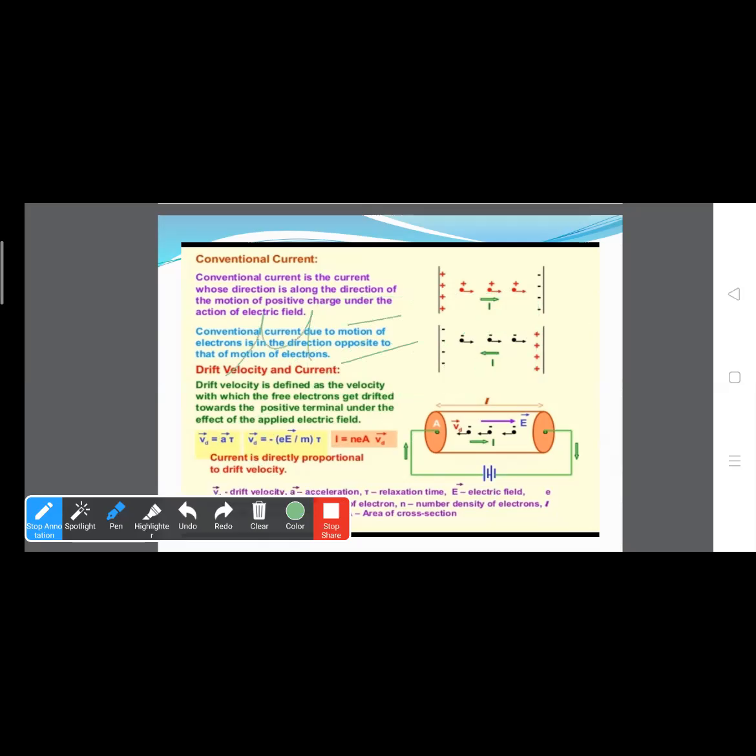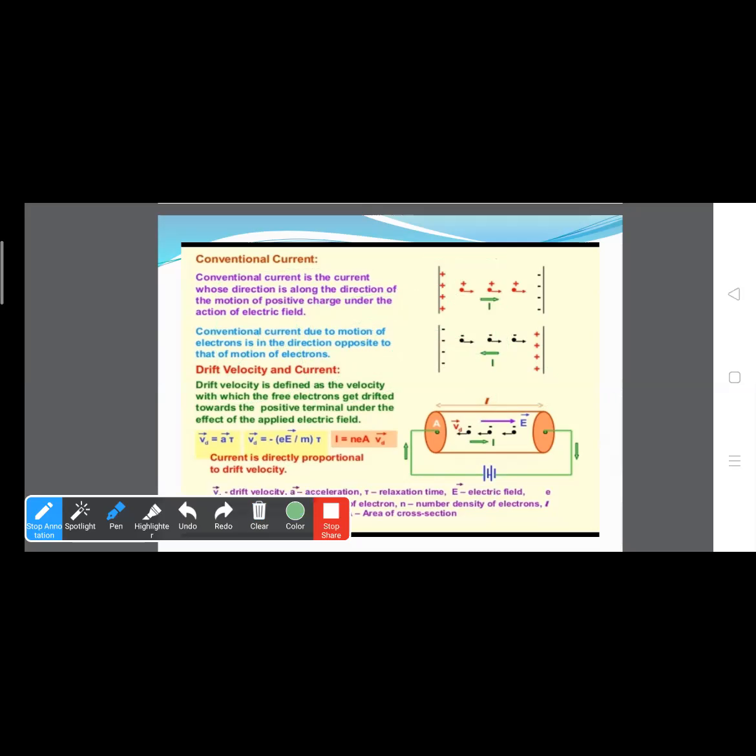Thermal velocity is 0 because electrons move randomly in any direction. Suppose one electron is moving in this direction, another in this direction. When we add V1 plus V2, the thermal velocity, we get 0. So the net thermal velocity of the electrons in a conductor in the absence of an electric field is 0.